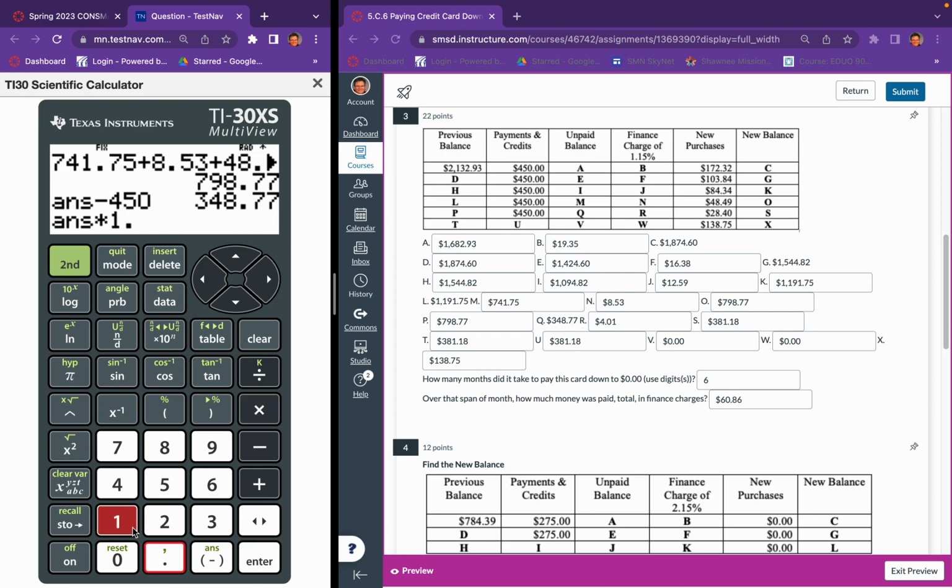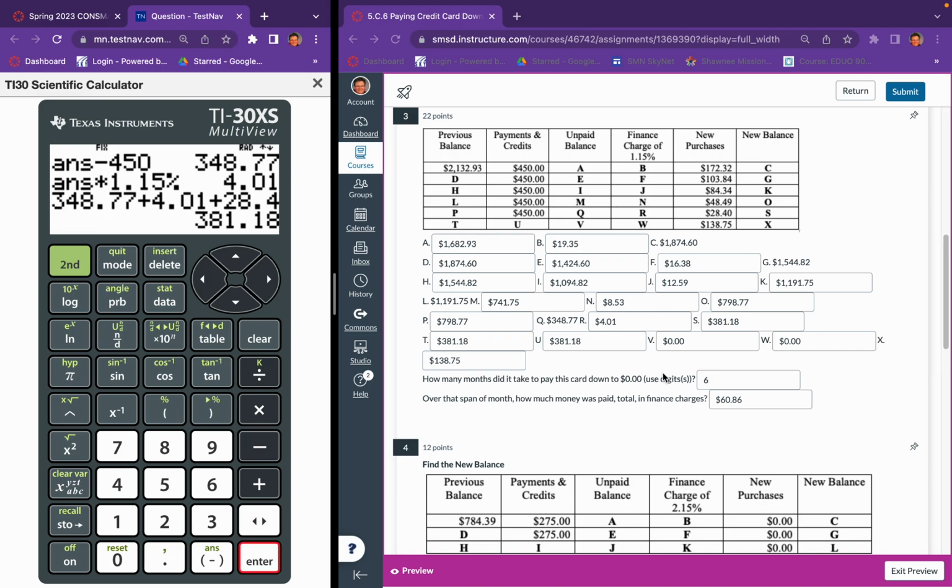Times 1.15%, 4.01. So 348.77 plus 4.01, which was R, plus 28.40, will get us 381.18. 381.18.